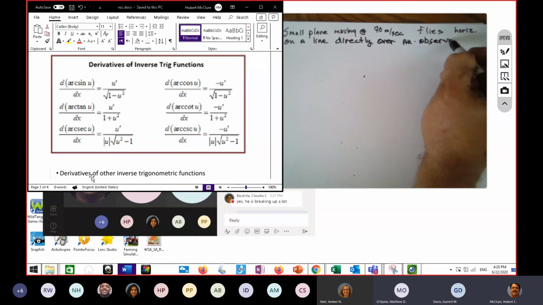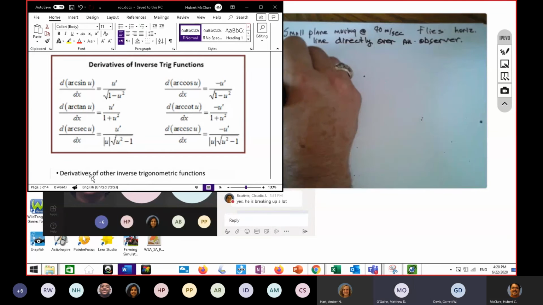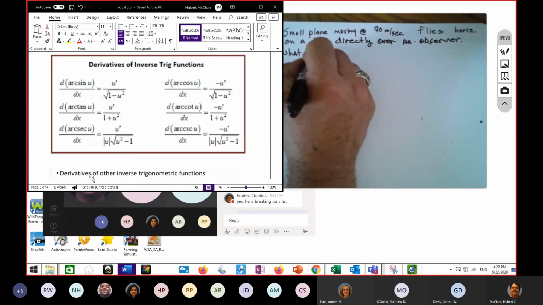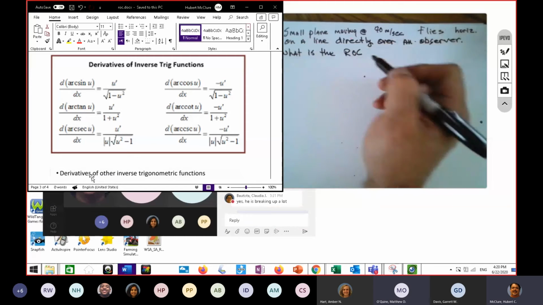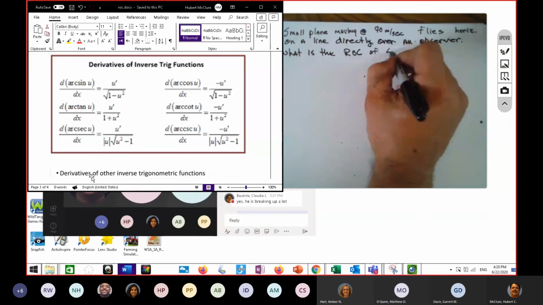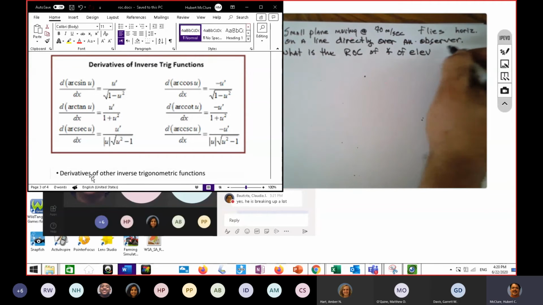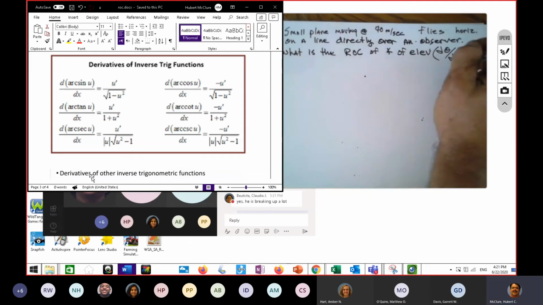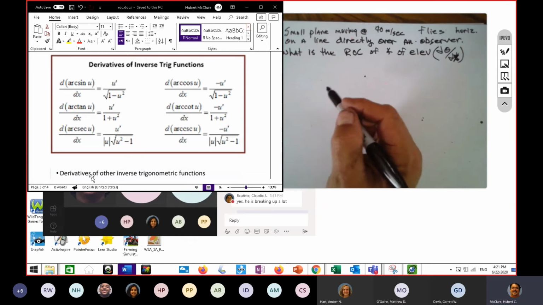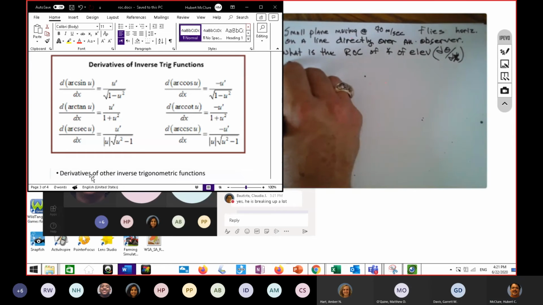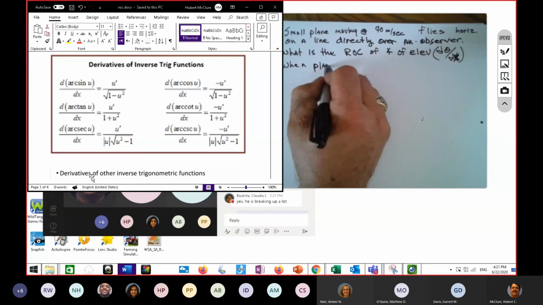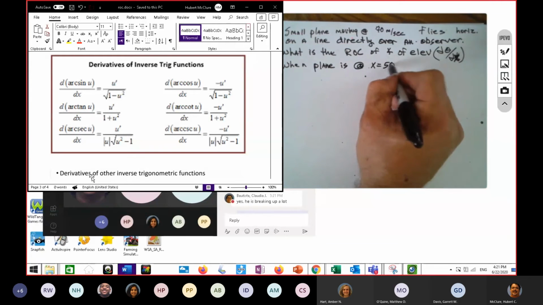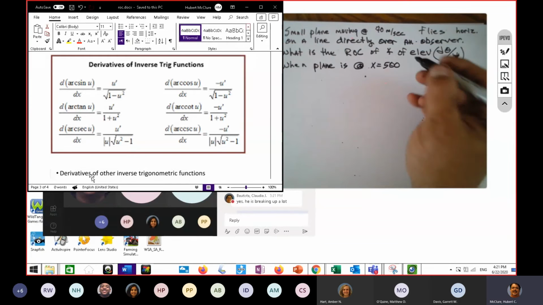What is the rate of change of the angle of elevation, meaning vertical angle? That'd be d theta over dx, sorry, dx, because we're looking at x. When the plane is at x equal to 500 meters past the observer.